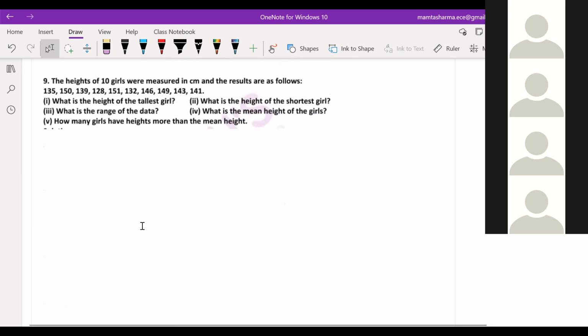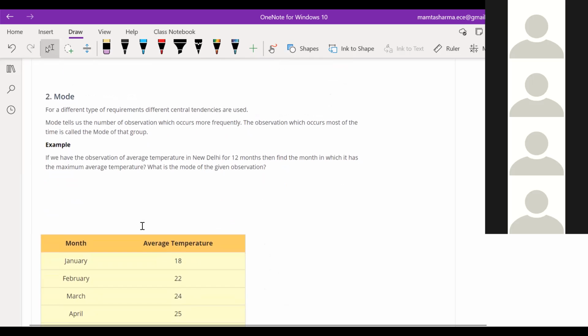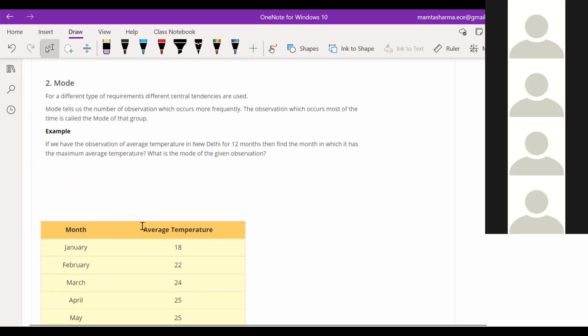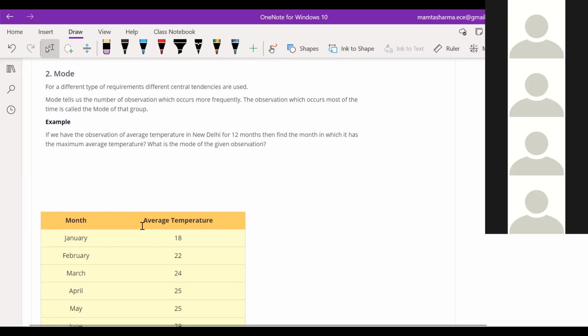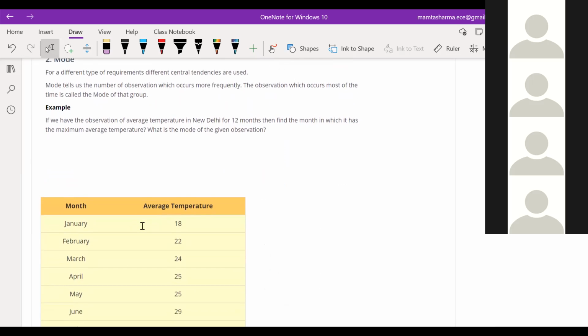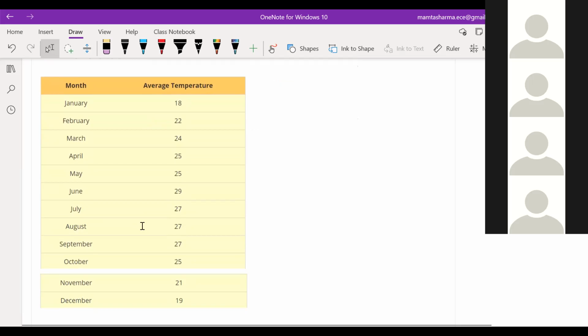Okay, now we will see mode. The second type of central tendency is mode. In mode, we have to see the most frequently occurring observation. That will represent the mode of the data. Let's take an example.